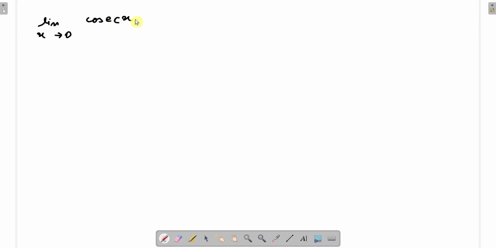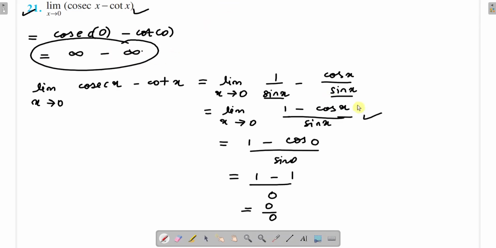So the limit of cosec x minus cot x is equal to the limit as x tends to 0 of 1 minus cos x divided by sin x, right? This expression you have to write.